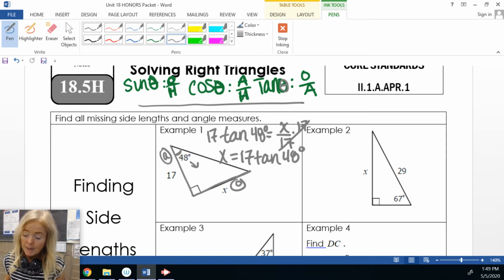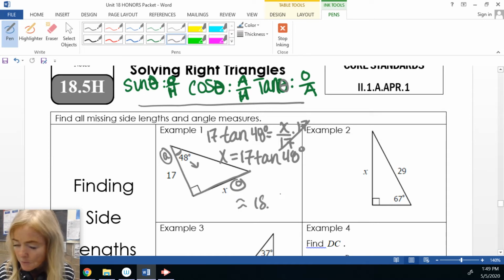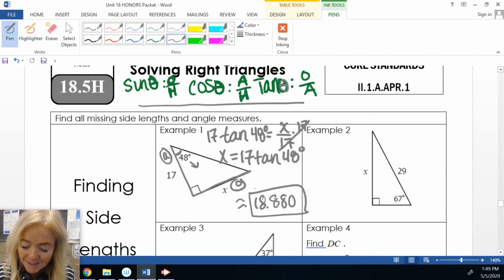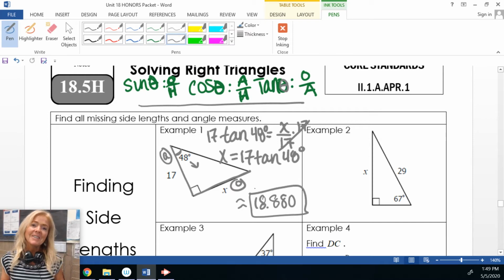And you don't even have to do times. It knows when it has a 17 butted up right next against the tangent that it's multiply. And that's approximately 18.88. It doesn't say what to round to, so I'm just going to round to 3, because when you get into calculus, that's where you'll do 3 or more with your rounding. And that's how you do it.